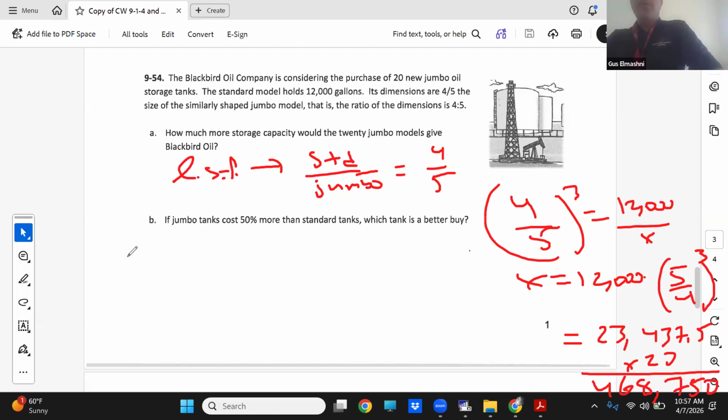So the linear scale factor is 4/5, but I had to flip and make it 5/4 because I'm going from small to big, right? If it goes from small to big, I have to multiply by the opposite of that fraction. And of course, for one tank, it's 23,437.5. So if you think about it, 12,000 times 2 is 24,000.